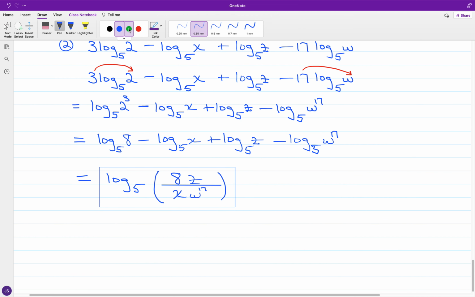And tell you what, looking at combining as a single logarithmic term, let's say we have 4 terms in the mix.